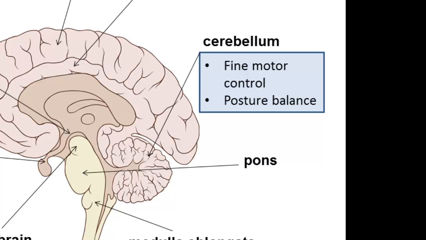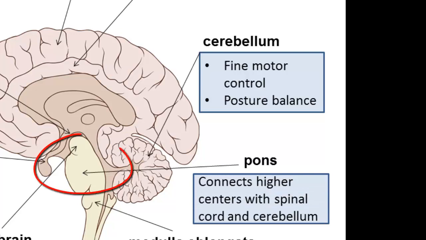Now moving on to the brainstem, the pons, which is the middle portion of the brainstem, contains a lot of the neuron fibers that connect the spinal cord with the cerebellum so that we have coordination between the motor cortex, the cerebellum, and the muscles.